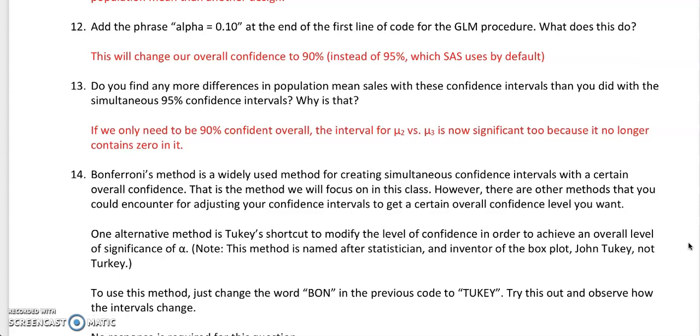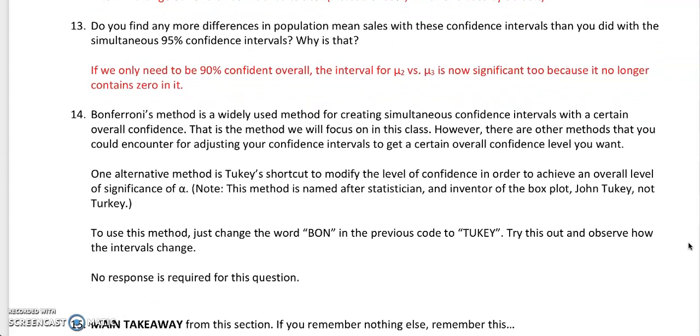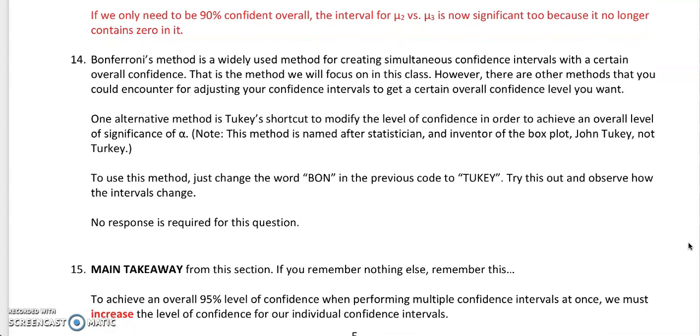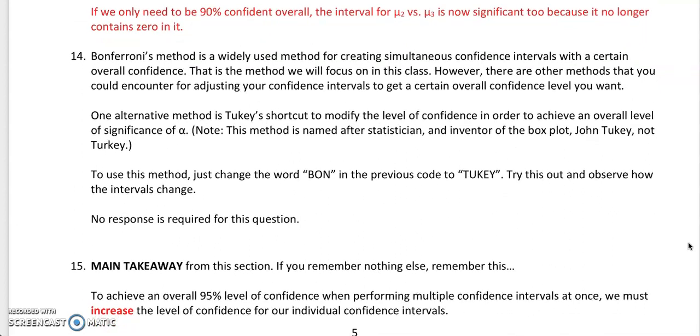All right. So the very last thing that I want to mention is the main takeaway from this section. We talked about this earlier in the notes, but if you really only remember one thing from this section of notes, the important thing to remember is if you want to be, say, 95% confident, and you're going to make a bunch of different confidence intervals at once, you need to increase the level of confidence for the individual intervals to have that overall confidence that you want.